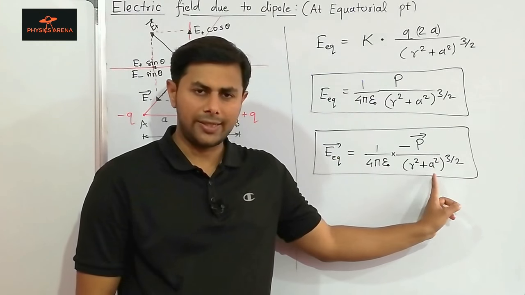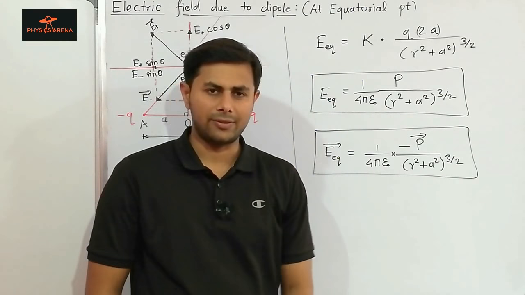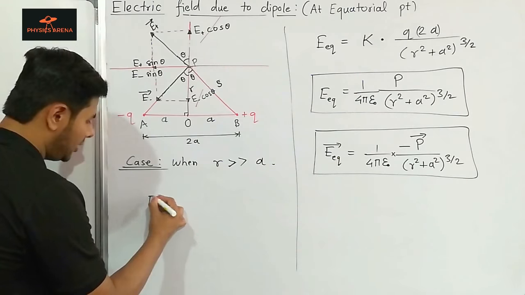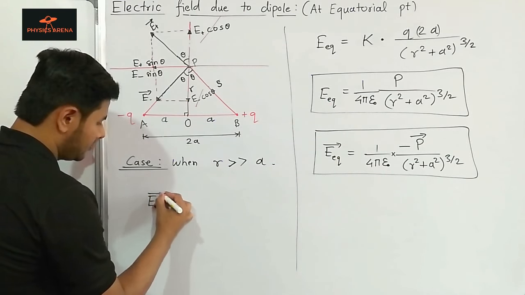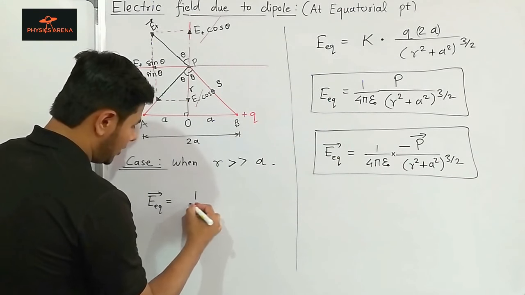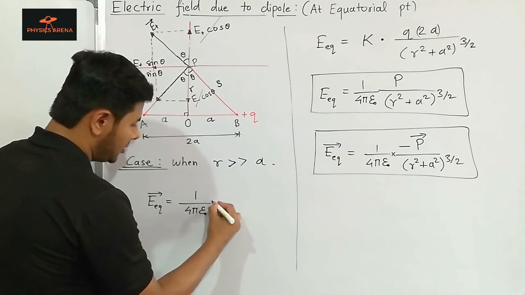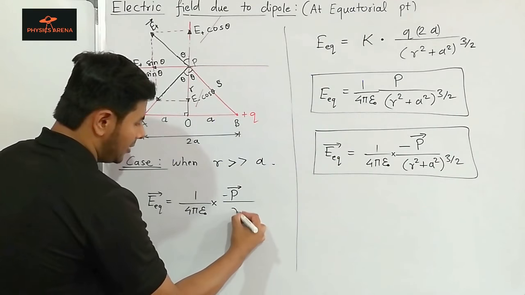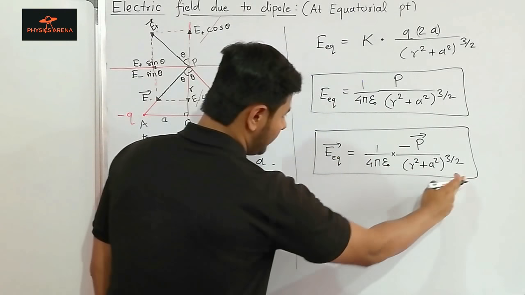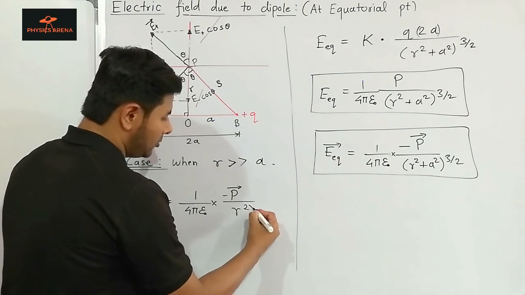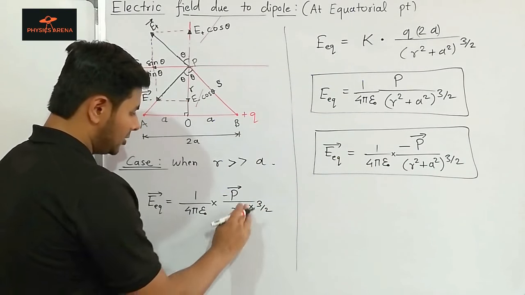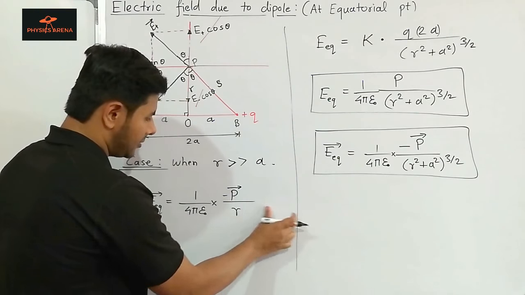We are going to just neglect this A in the denominator. So we'll have E equatorial equals to 1 over 4 pi epsilon naught into this minus p bar divided by r squared raised to 3 by 2. So r raised to 2 multiplied by 3 by 2, so this 2 and 2 gets cancelled. So we have r raised to 3.